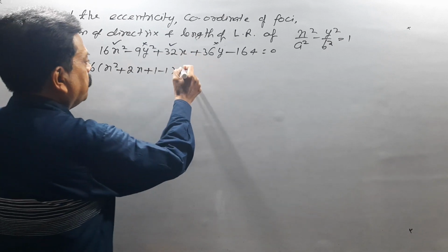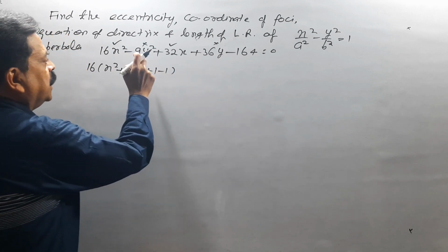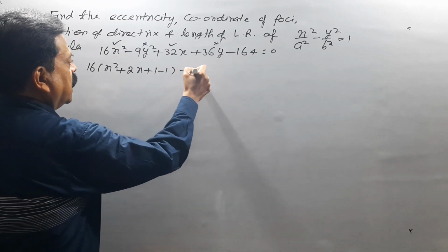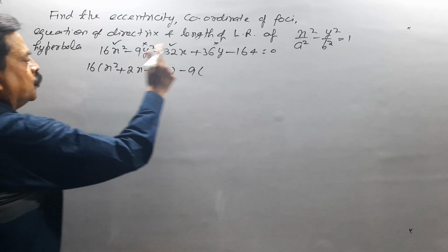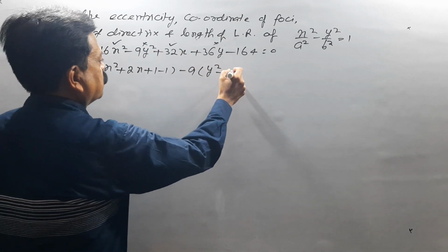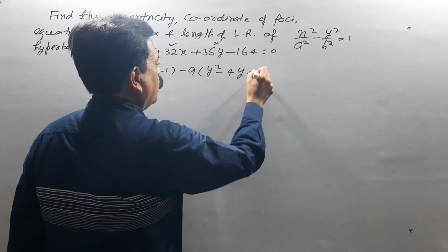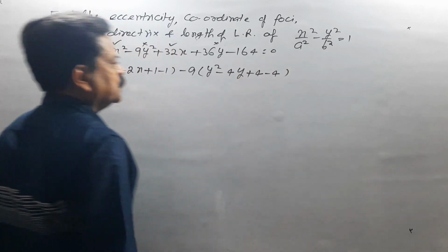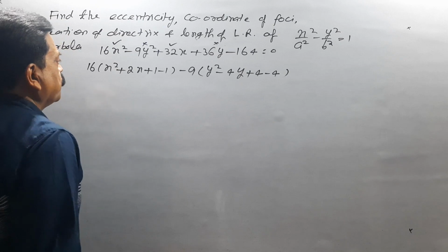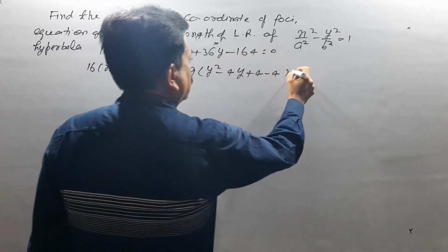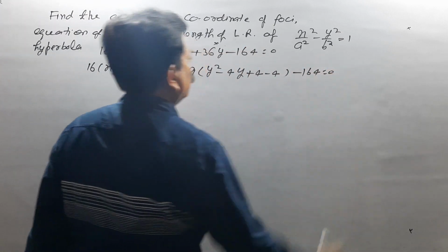Similarly in terms of y, minus 9 is common, so we get y square minus 4y, and here we have to add 4 and subtract 4 to make it a perfect square. Minus 164 equals 0 as it is.